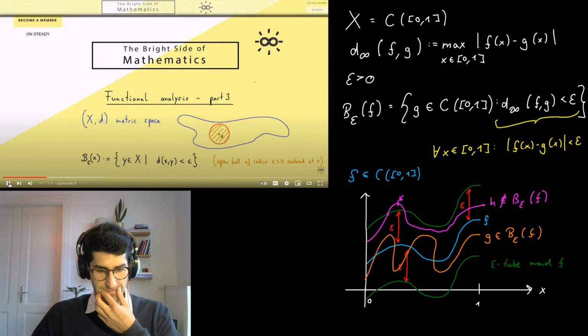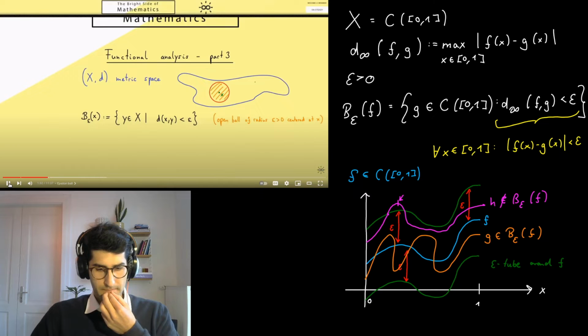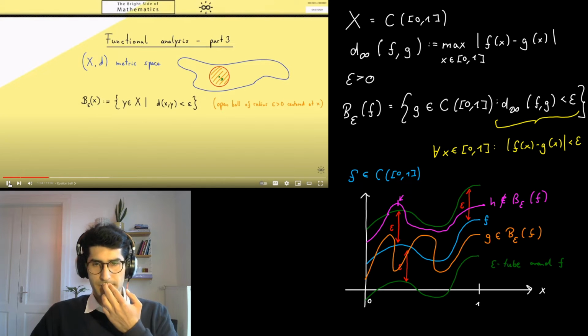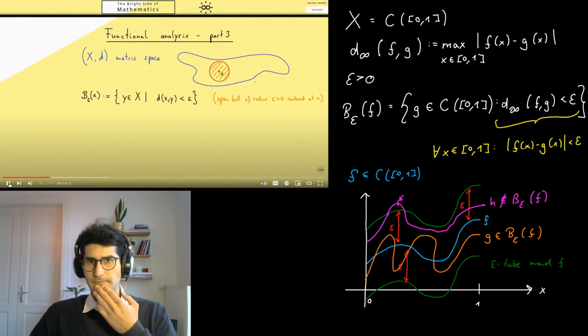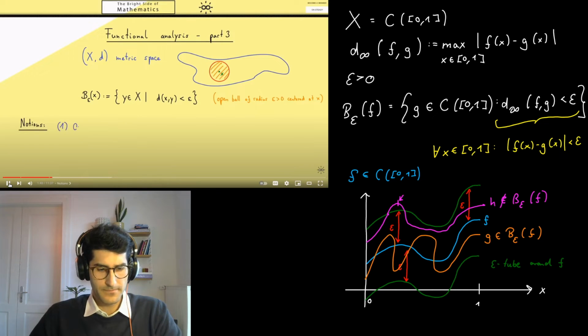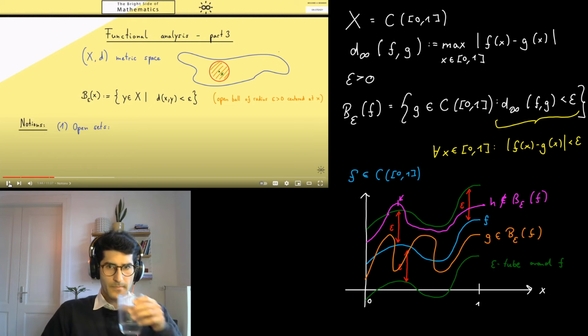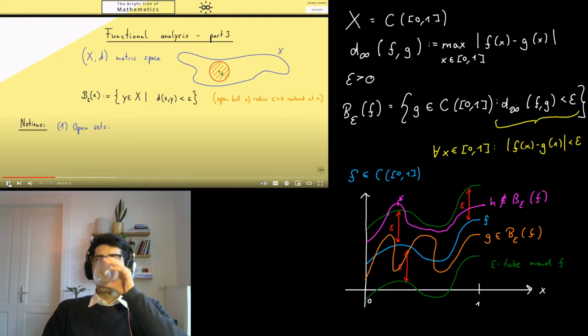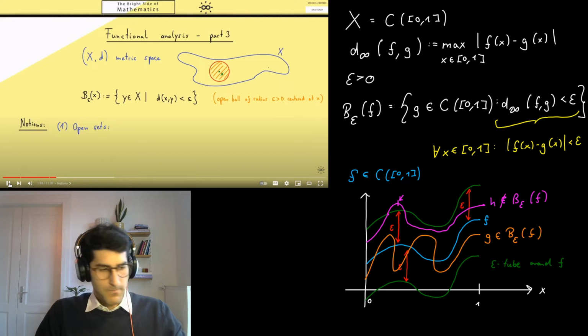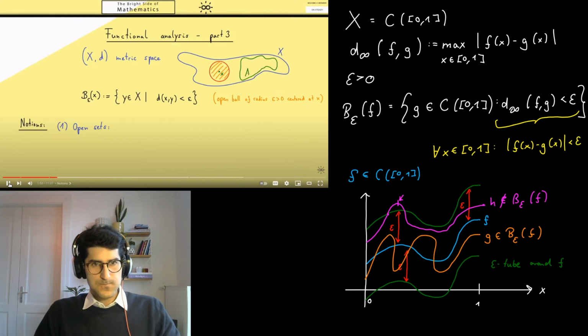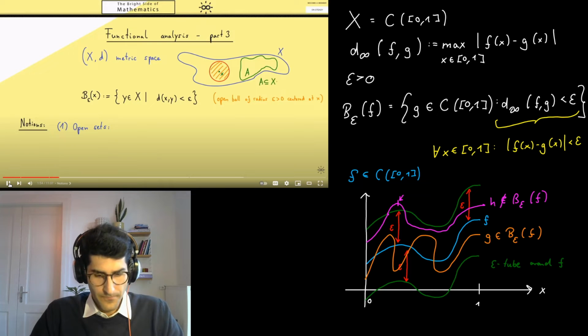Using this definition of an epsilon ball, we can now talk about a lot of important notions in a metric space. The first one I want to show you is about open sets. You may already know what open means in Rn, but now we define it for arbitrary subsets of our metric space X. So let's take this subset A, and I will use this symbol to denote a subset.